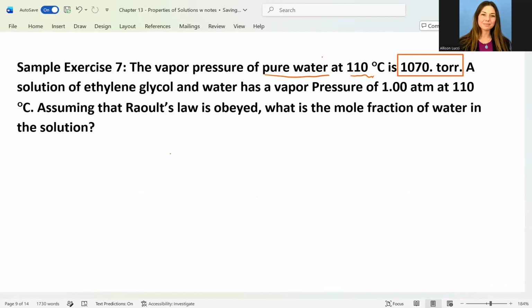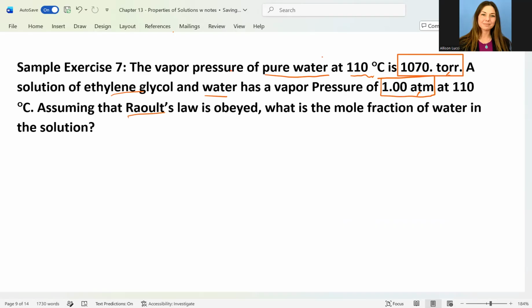Then we have a solution of ethylene glycol and water. So this is commonly used as an antifreeze solution with a vapor pressure of 1 atmosphere. So that's the vapor pressure of our solution. Notice they're in different units. We'll have to attend to that before we can do our final calculations.